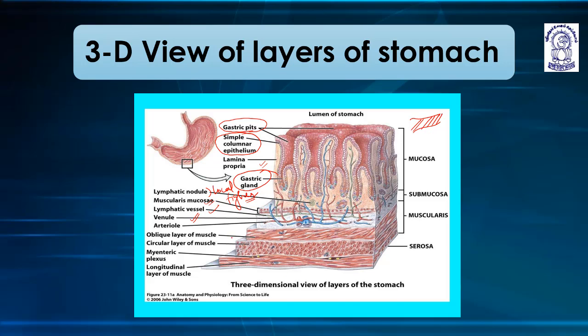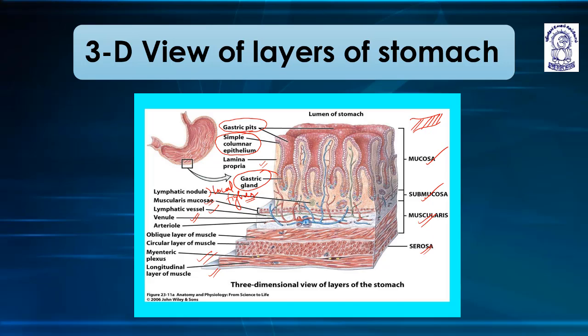Oblique layer of muscle, then circular layer of muscle, and the Auerbach's plexus and Meissner's plexus. Then the longitudinal layer of muscle. So this three-dimensional view section gives you an idea of the layers: mucosa, submucosa, muscularis, and serosa.